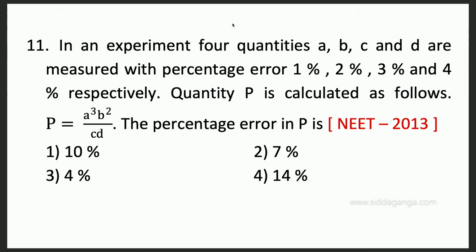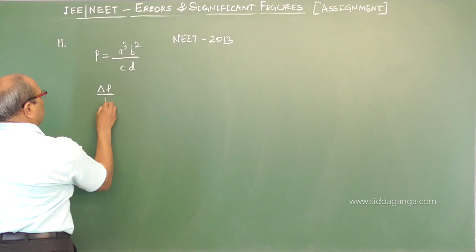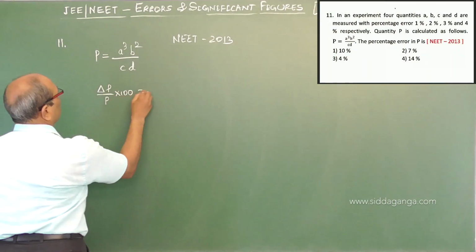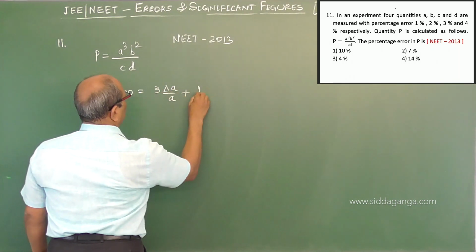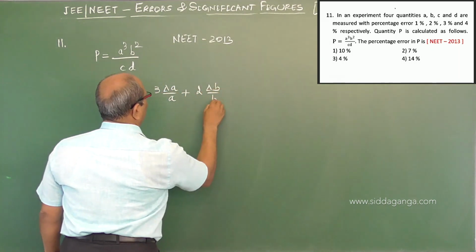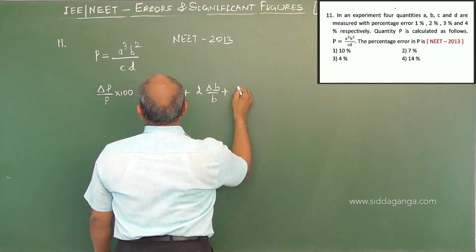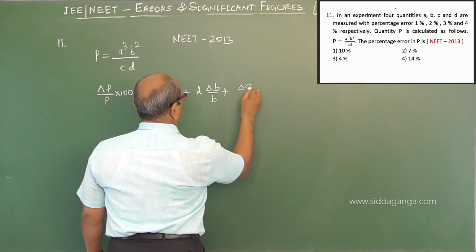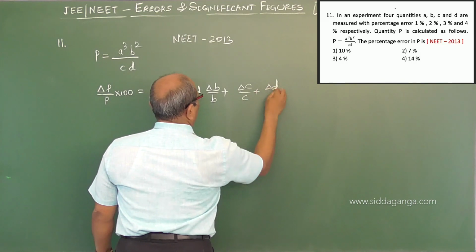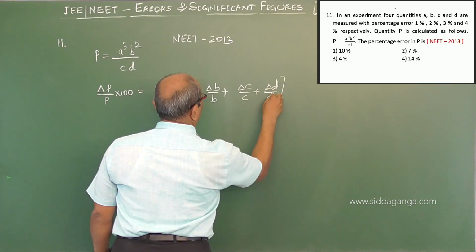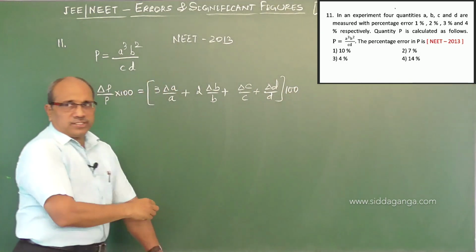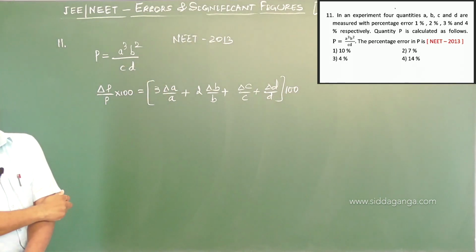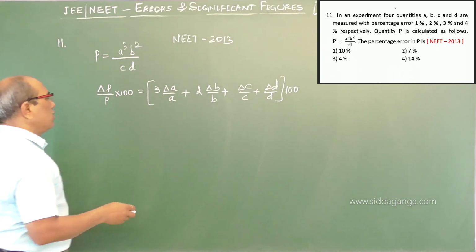We have to calculate the percentage error in P. Delta P by P into 100 is 3 times delta A by A plus 2 into delta B by B plus delta C by C plus delta D by D, into 100. For A, B, C, D, if you take 1, 2, 3, 4, there is no confusion, it is directly given.